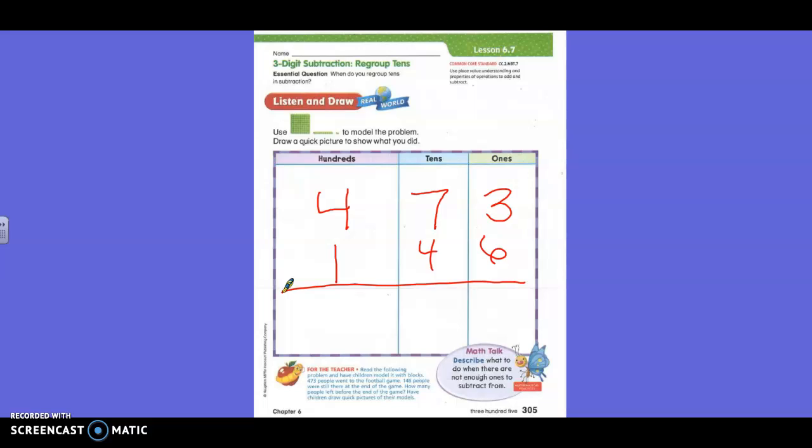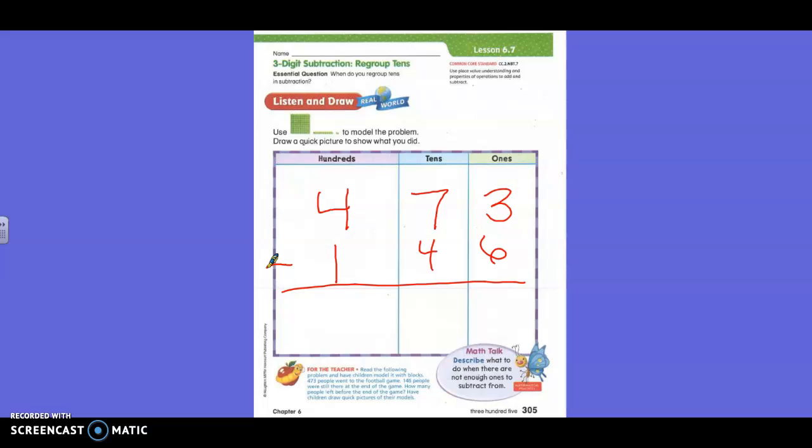How many people left before the game ended, though? So, guys, when you have the total, when you get the biggest number, when you have a total, you know you're subtracting to find a smaller number. So, 473 minus 146.